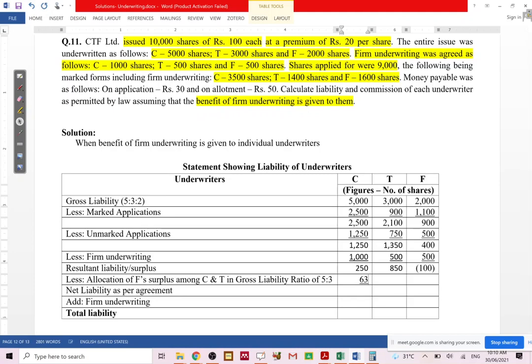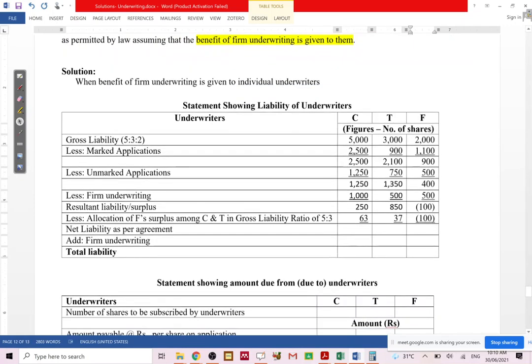You may just write the amount 63. And the balance, 100 minus 63, 37 goes to T. So for F, this will be nullified. He is done. His surplus is gone. Okay. So what is the net liability? 187 shares C has to take, 813 shares T has to take. F is done with all his liability.